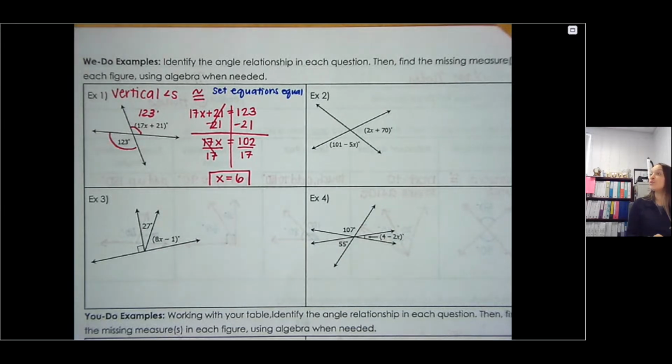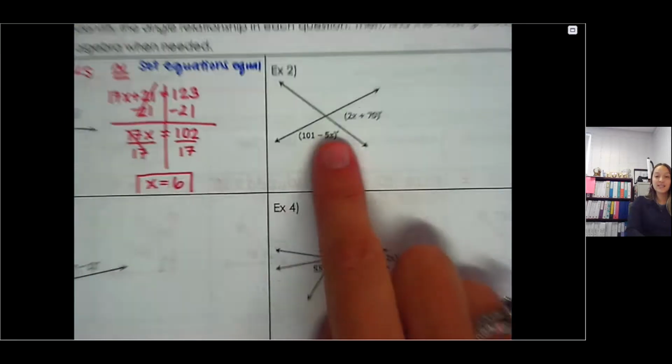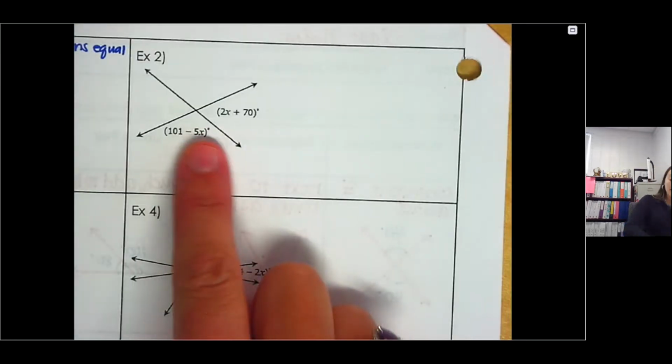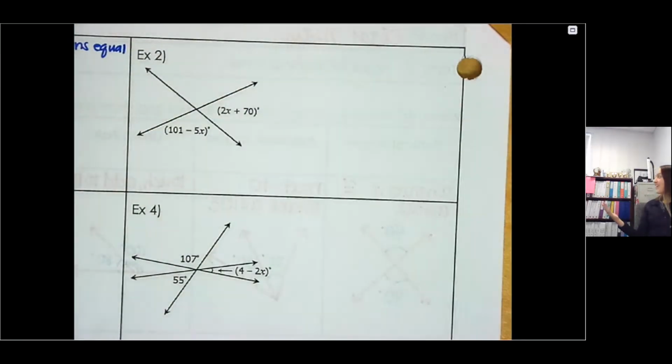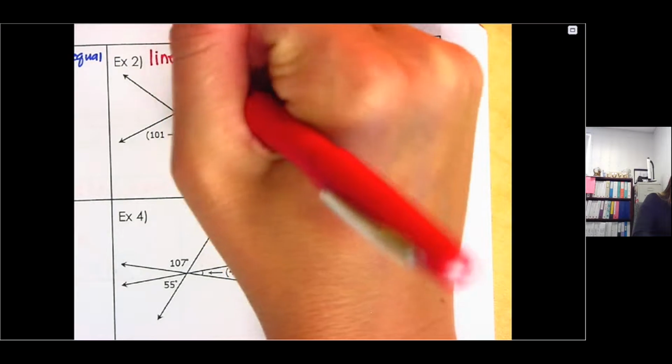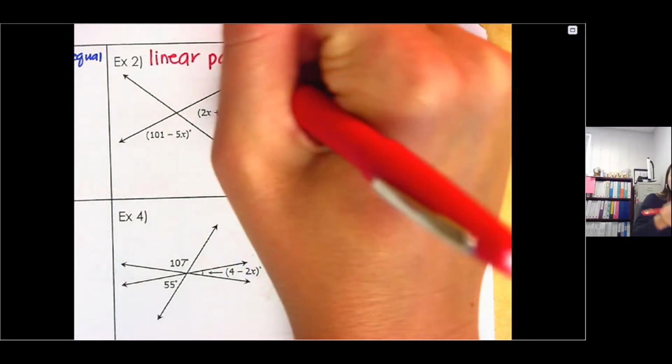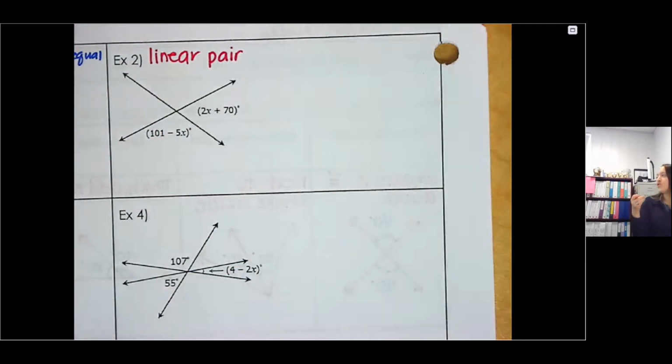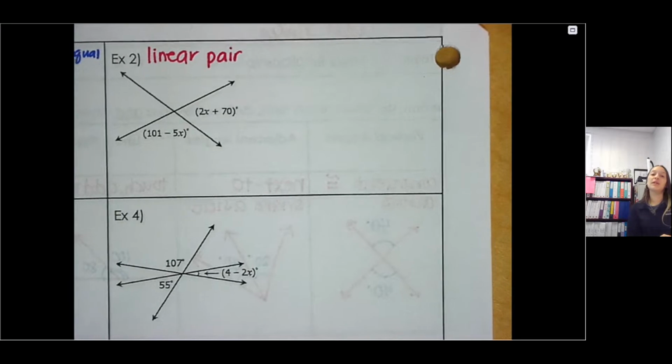They are next to each other, so they are adjacent, and they make a straight line. Any of those are fine to write down. I'm going to put down linear pair because that encompasses both supplementary and adjacent.